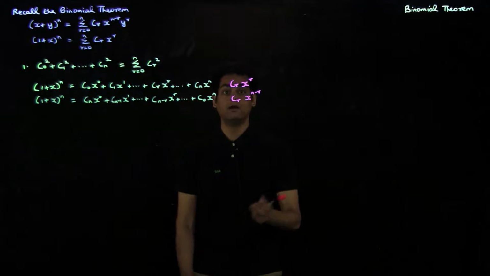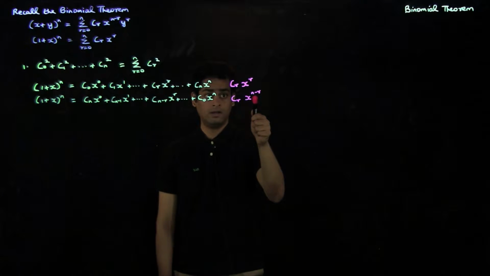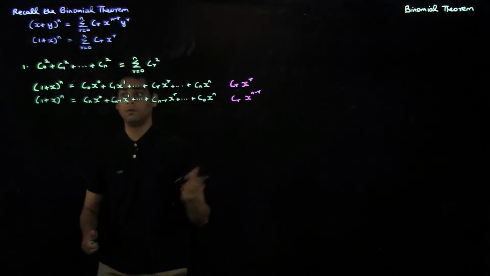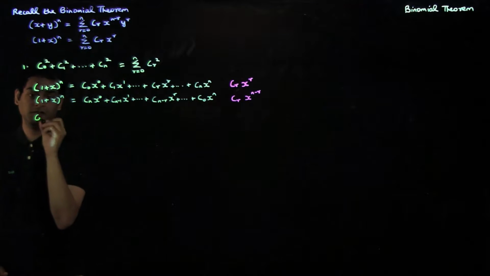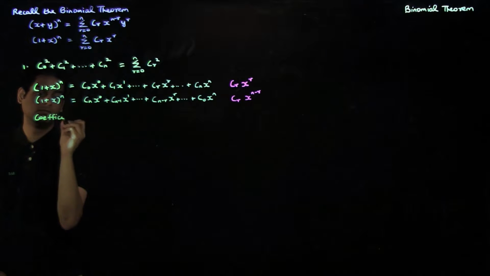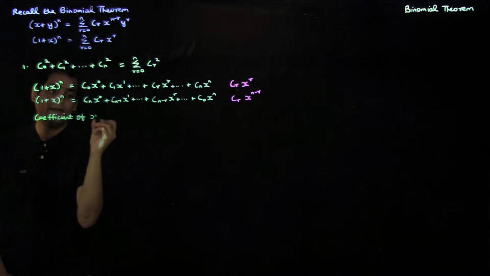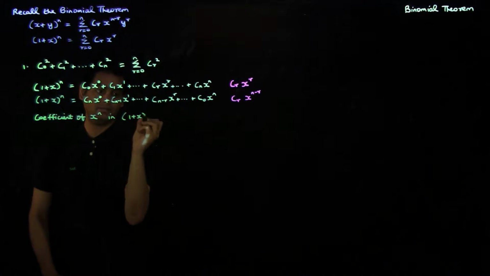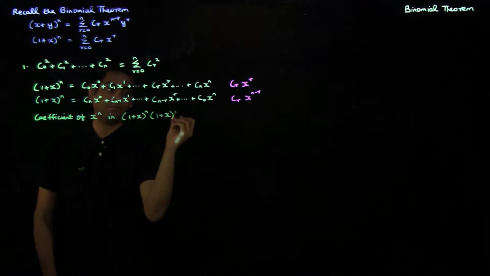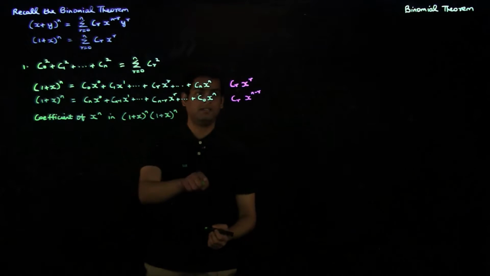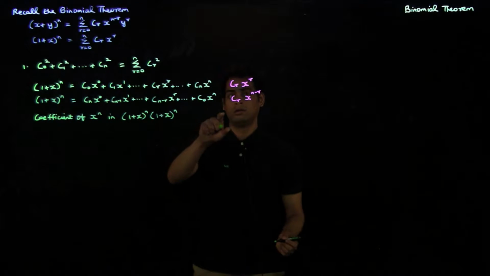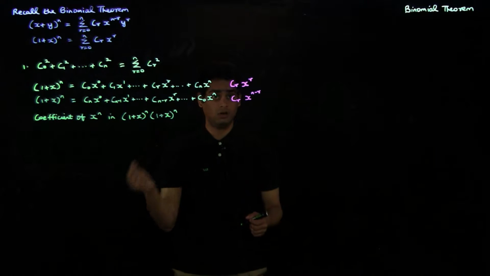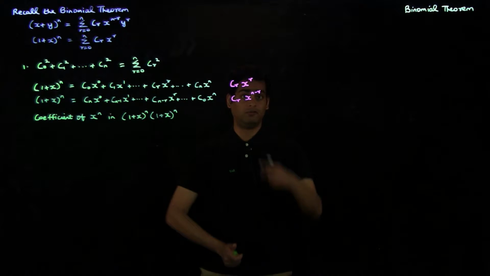So to obtain cr square, we would want to look at the coefficient of x power n. So we are looking at the coefficient of x power n in the product 1 plus x power n times 1 plus x power n, and on the right hand side we would obtain cr square for each choice of r, and that gives us c0 square, c1 square, and so on till cn square for different choices of r.